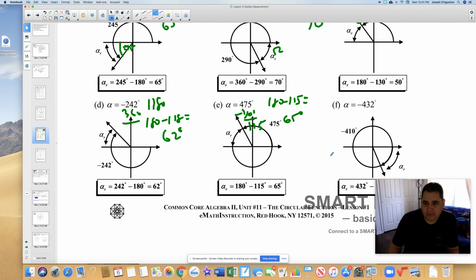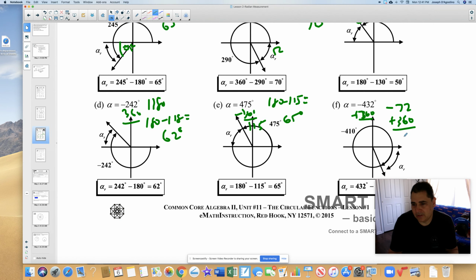All right, F, we have an angle that's negative. Now look what happens when we add 360 to this. If I add 360, I get negative 72. The problem with that is it's still negative. So what you do is you keep on adding 360 until you have a positive angle between 0 and 360. I'm going to add 360 to that.